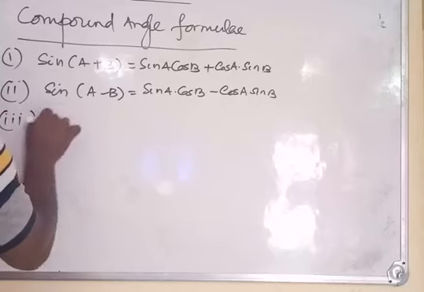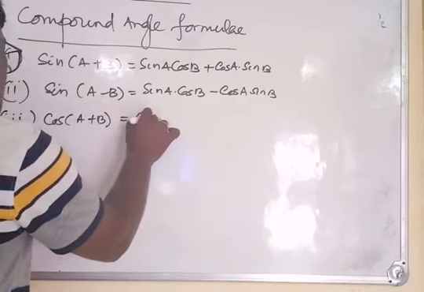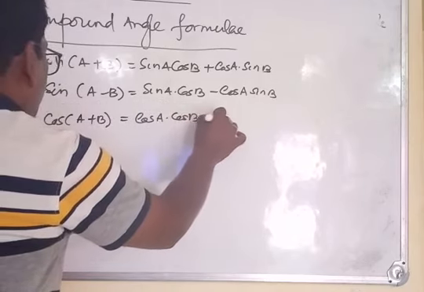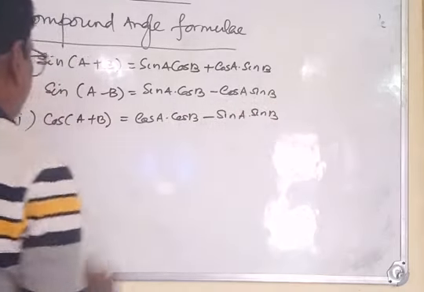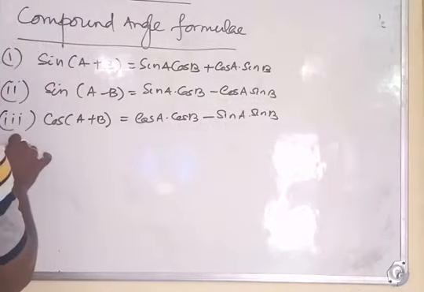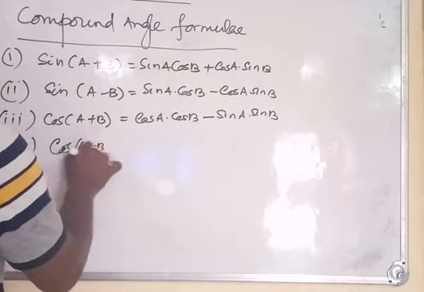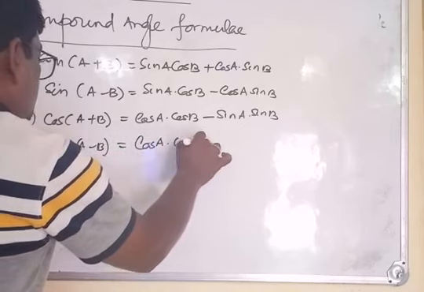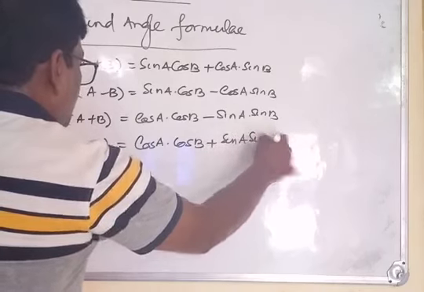Cos a plus b is equal to cos a cos b minus sin a into sin b. Cos a minus b is equal to cos a into cos b plus sin a into sin b.